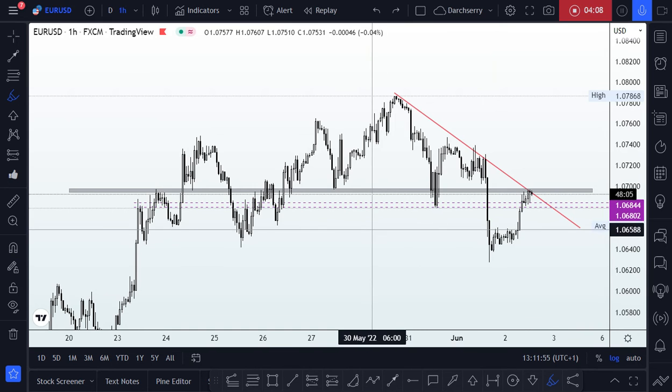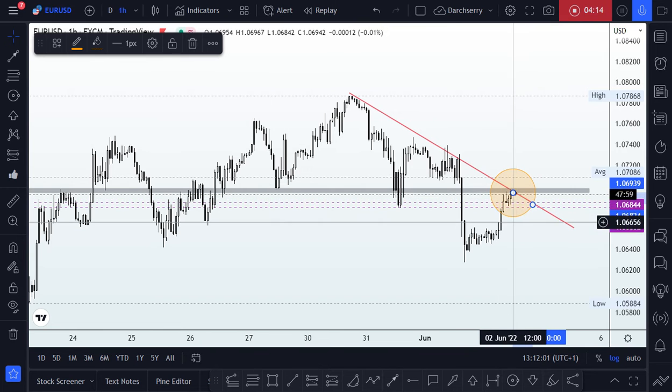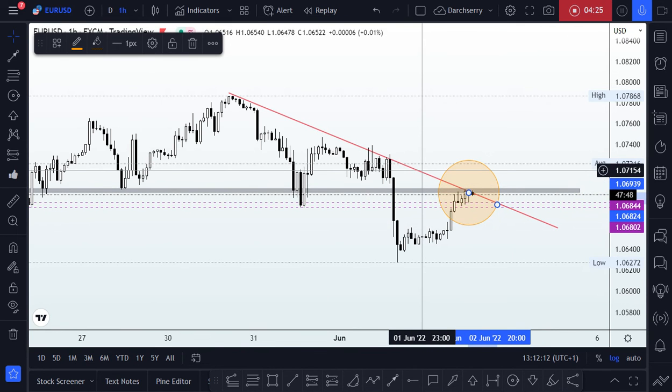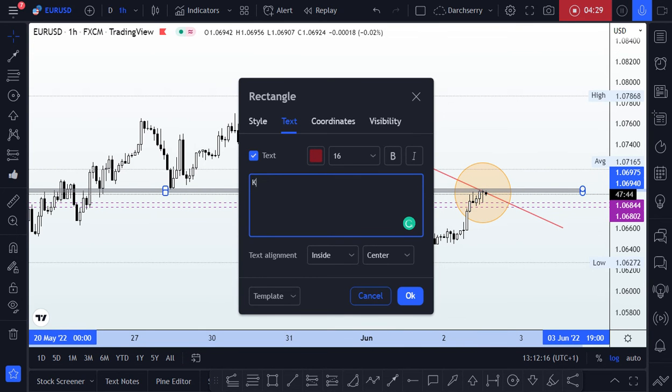It's also possible to state here that this area is a very sensitive area. As you can see, it shares a confluence with the key level here at 1.07, and with the bearish trend line at this point. So allow me to label the key level for the sake of clarity.